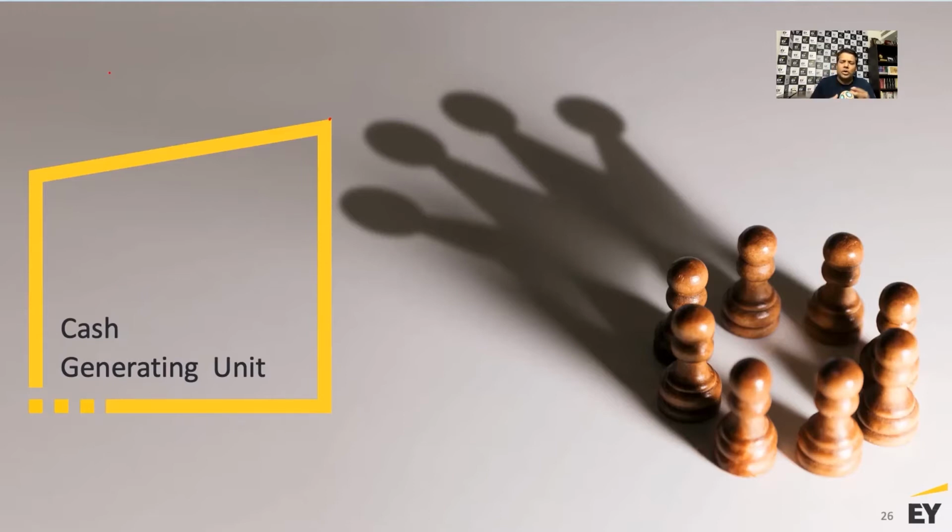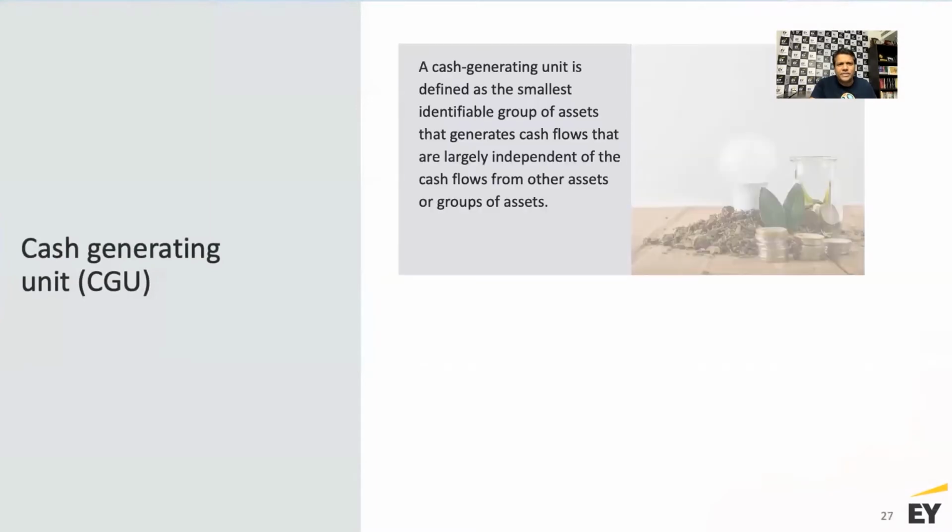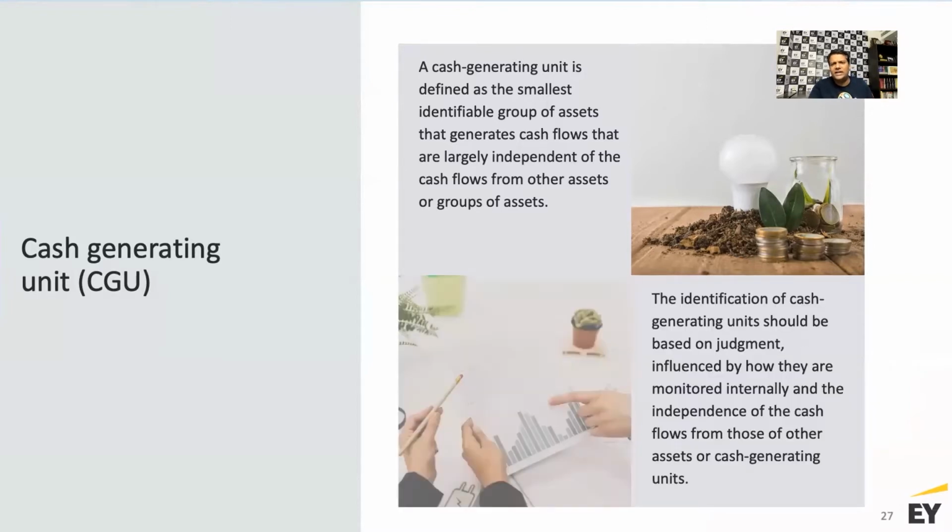So the definition of cash generating unit suggests that a cash generating unit is defined as the smallest identifiable group of assets that generate cash flows that are largely independent of the cash flows from other assets or group of assets. This has to be an independent set of cash flows. The identification of cash generating unit should be based on judgment.